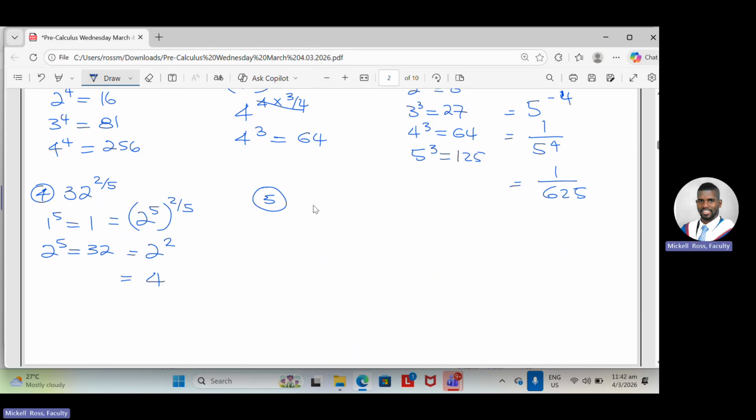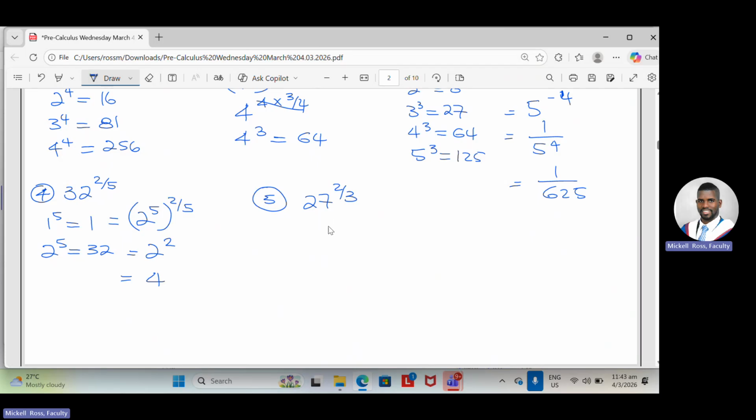Let's look at one more. What number, when I raise it to the denominator of the fraction, is equal to 27?